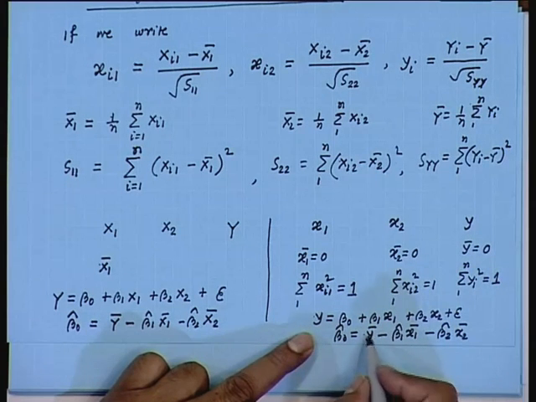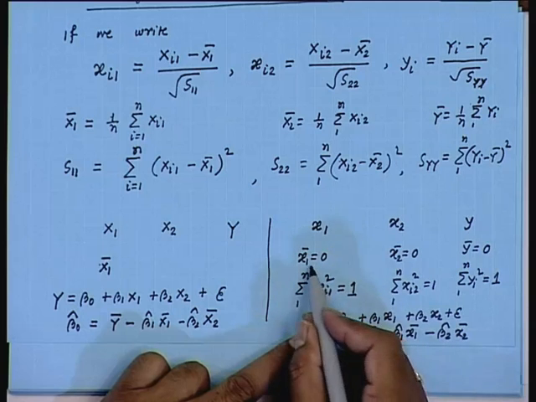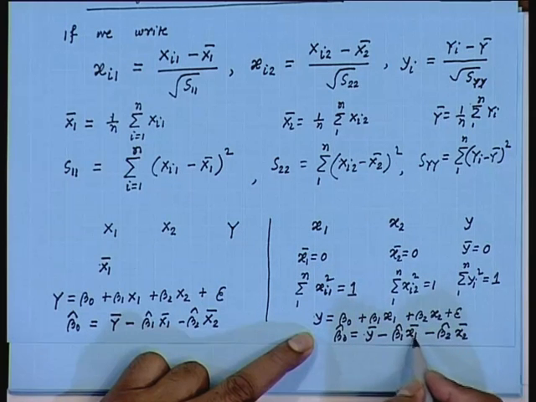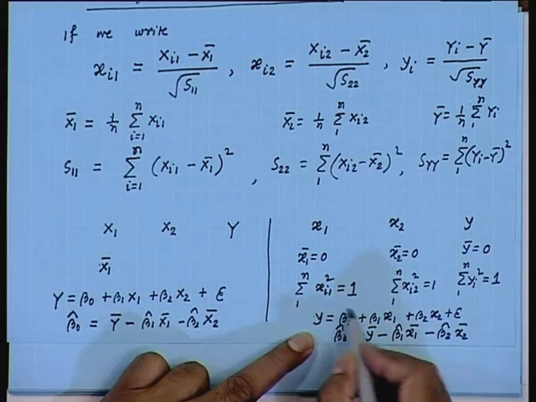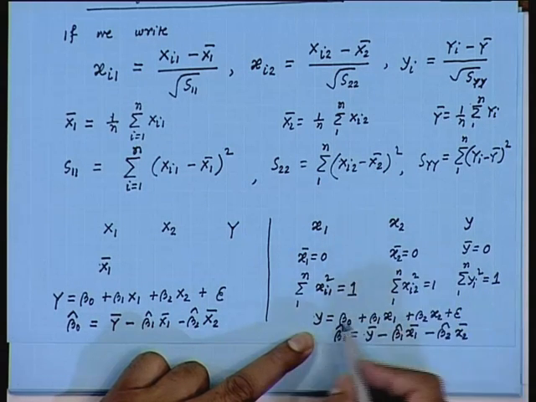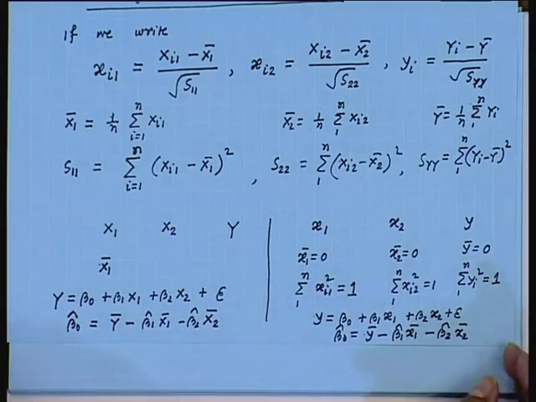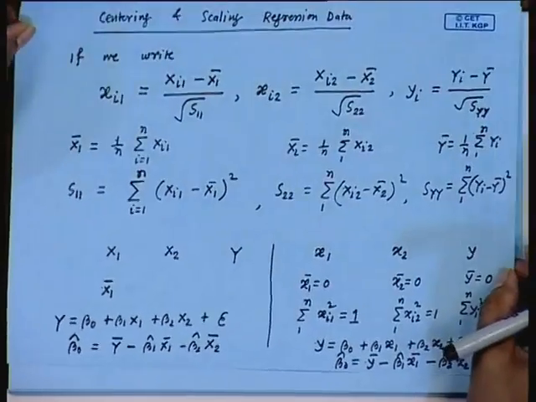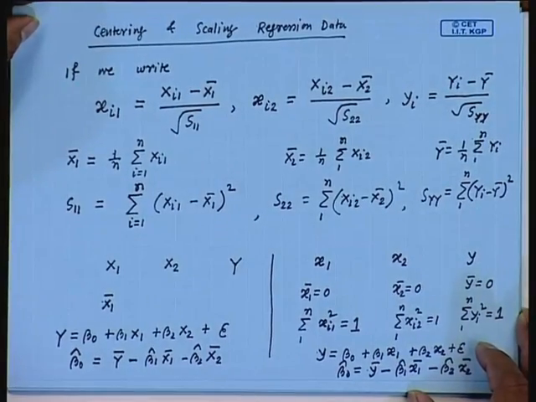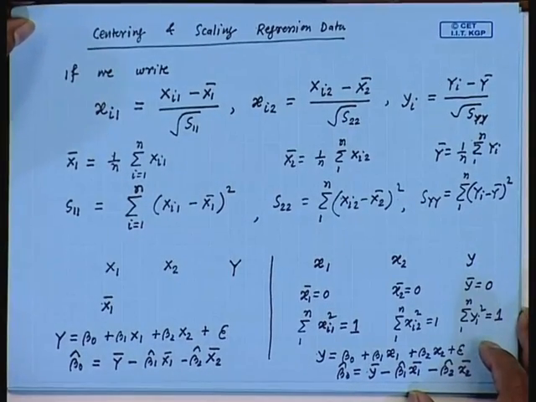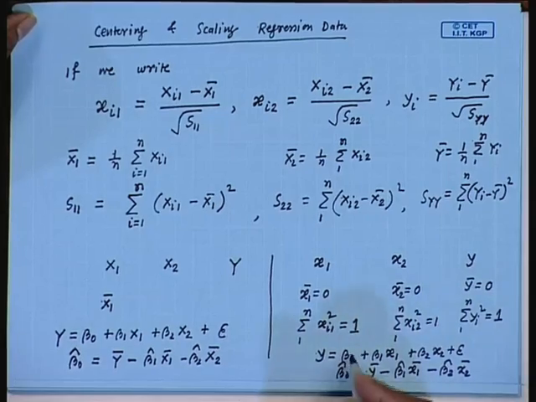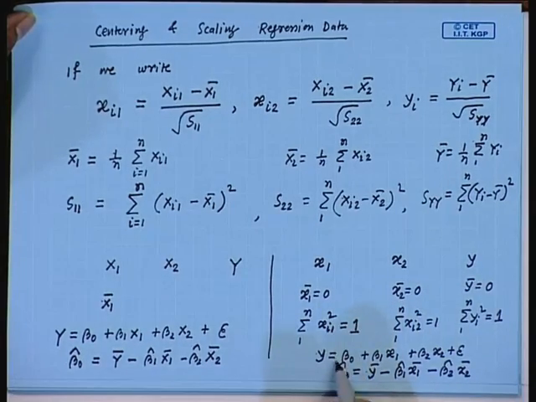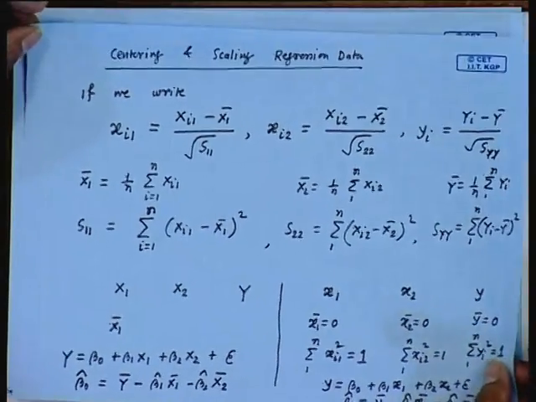But all this y bar is equal to 0, x1 bar is equal to 0 and x2 bar is also equal to 0. So here this intercept for this transformed data is always going to be equal to 0. So that is why for this scaled and centered data, we will omit the intercept beta naught from the model.